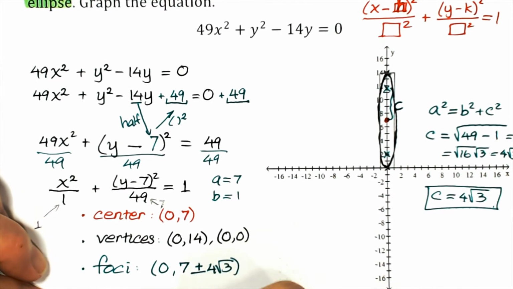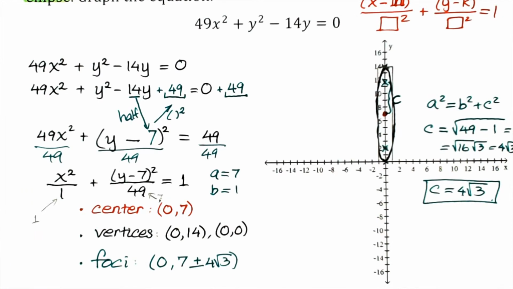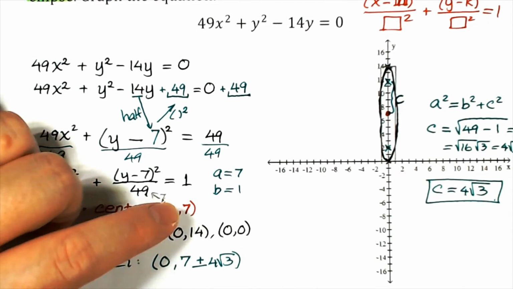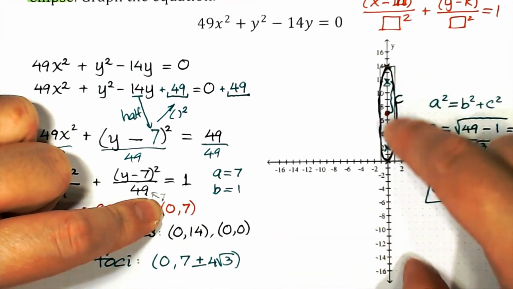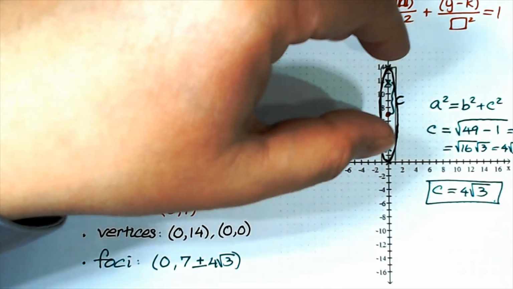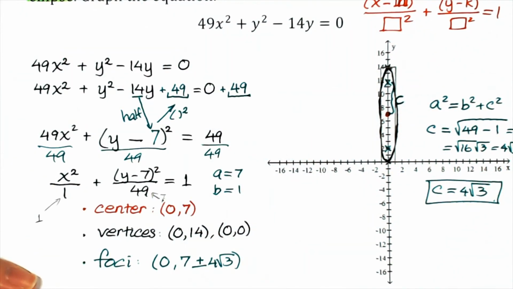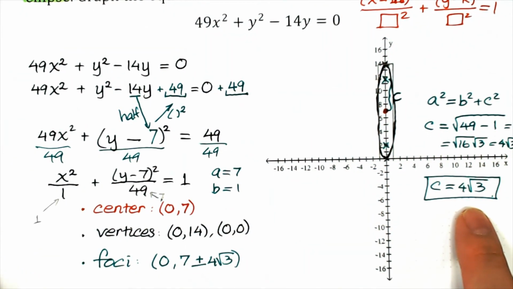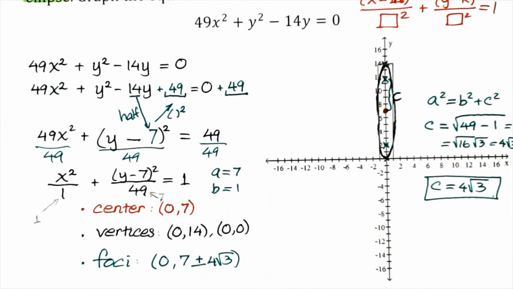And those are the two foci. And that's what we have. For this problem we have the graph. The center, up and down 7 units, gives us the vertices. Up and down 4 square root of 3 units gives us the foci. This is a vertical ellipse.